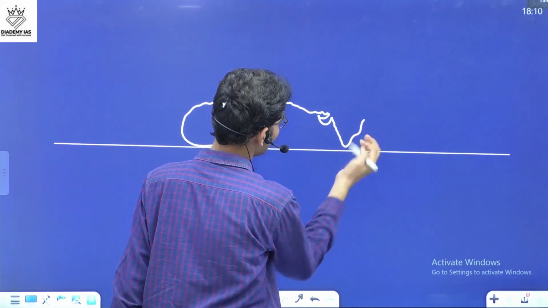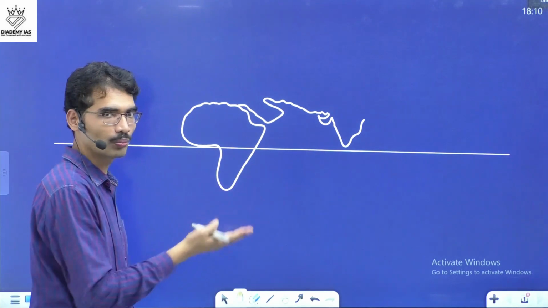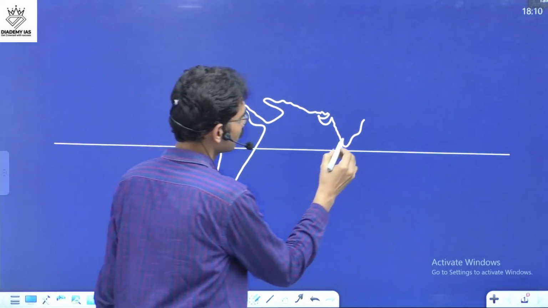India is above the equator, it won't go beyond the equator.